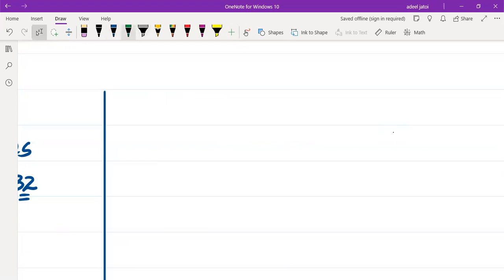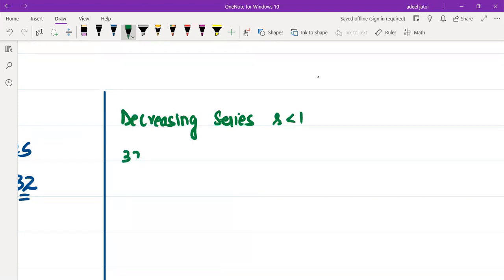That means let's work on the decreasing series a bit. Decreasing series, which means r is less than 1, right? Can we say that we started off from 32, we went to 16, 8, 4, 2, and 1.